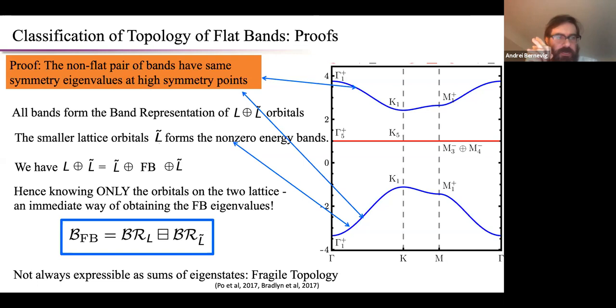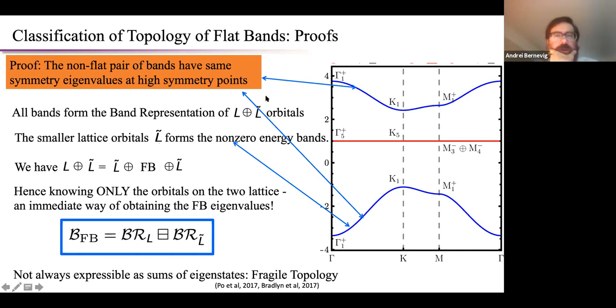And there's a one-to-one mapping between just the orbital content of the L and L tilde lattices and the flat band eigenvalues at the high symmetry points, which in turn, for certain symmetry groups, give the topology character. So if the topology character is given by the eigenvalues, you're going to know it.